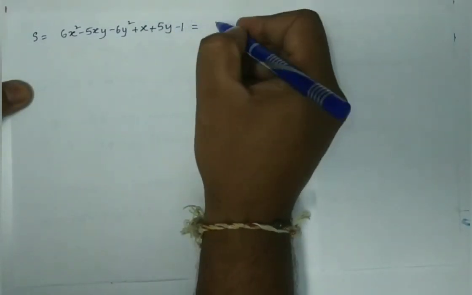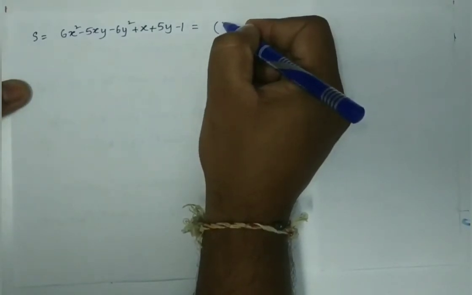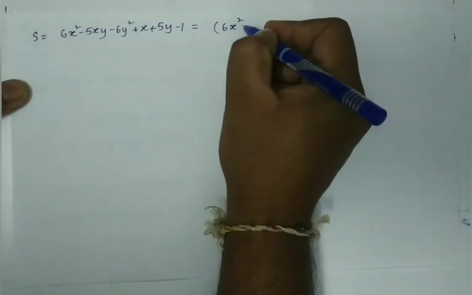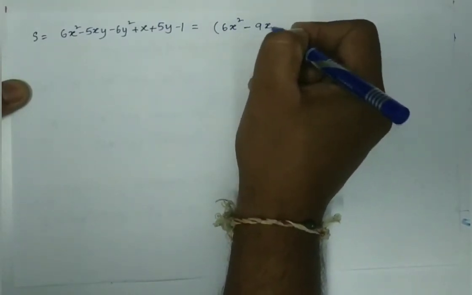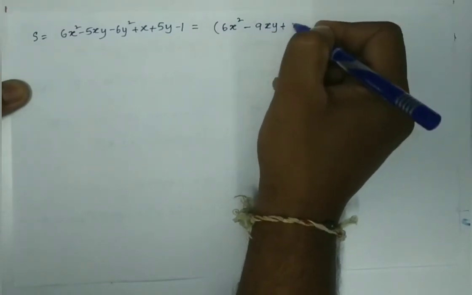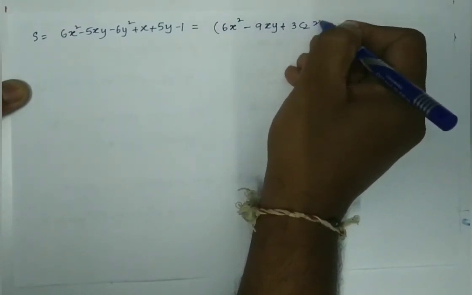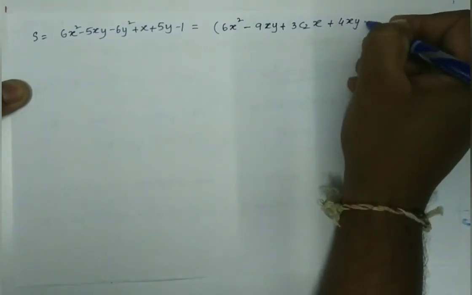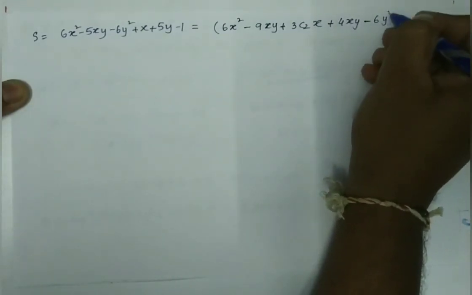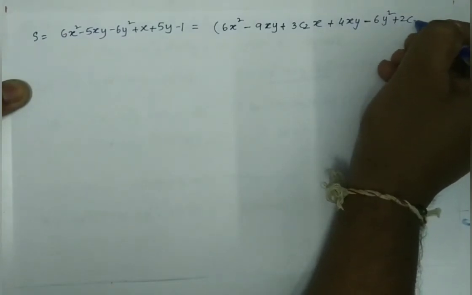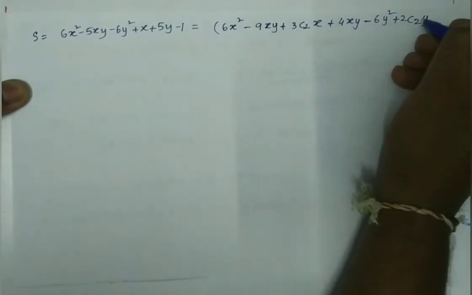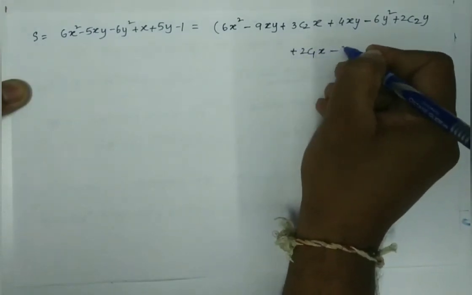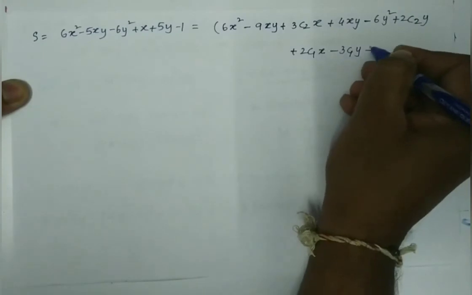Here we get 3x into 2x, 6x², next −9xy + 3c2x + 4xy − 6y² + 2c2y + 2c1x − 3c1y + c1c2.